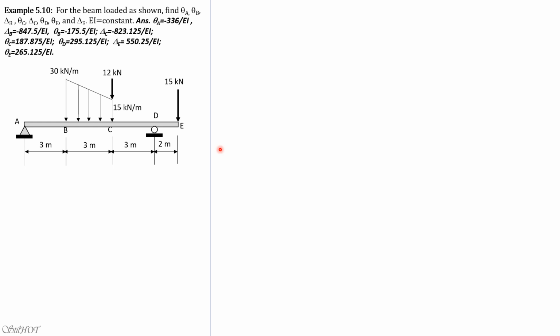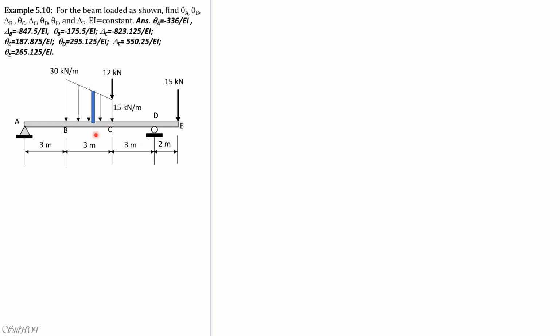There are 8 degrees of freedom. So for instance, we consider A and D only, so that we can reduce the matrix to 2 by 2. So let's consider AD only.